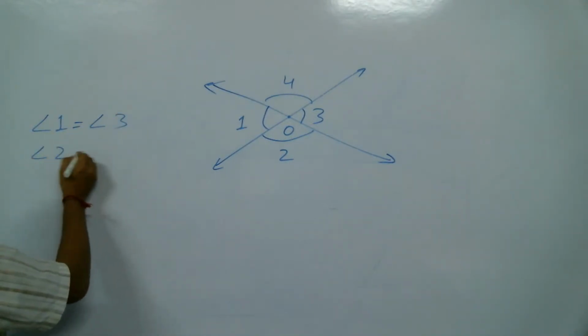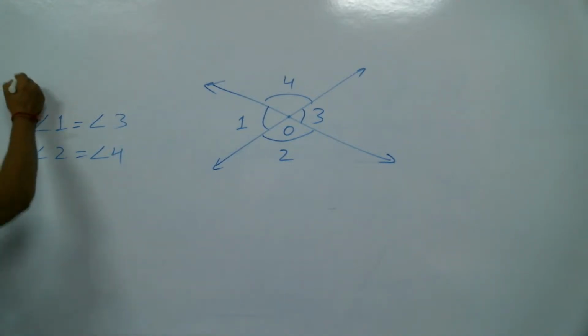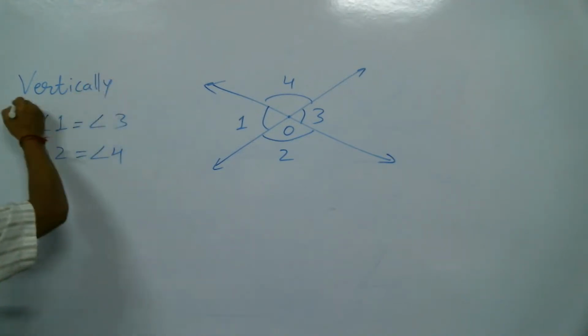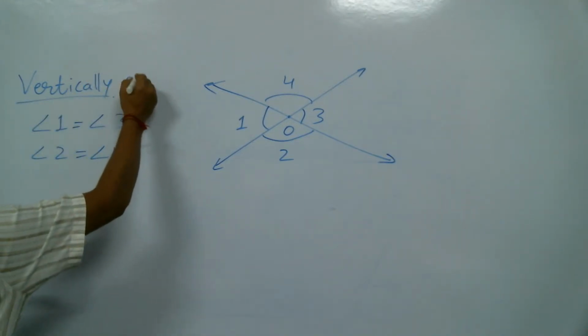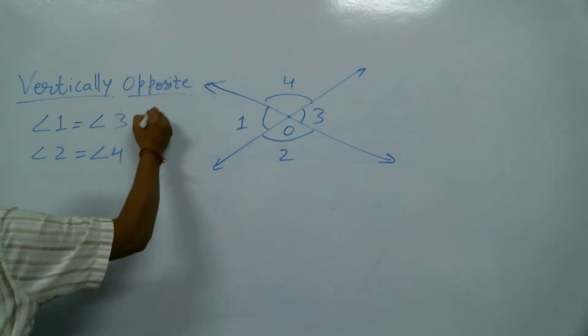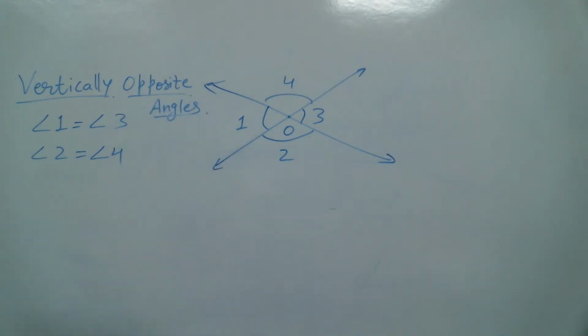Angle 3. And angle 2 is equal to angle 4. And which type of angles do we call them? We call them vertically opposite angles. So they are vertically opposite angles, and we can say that vertically opposite angles are always equal.